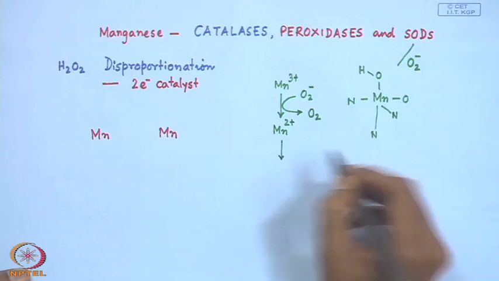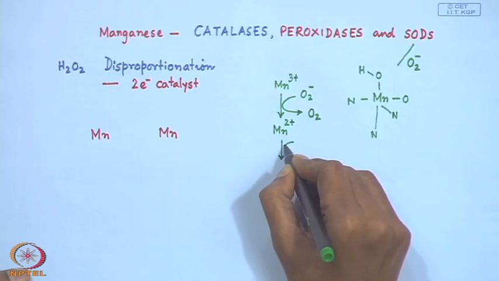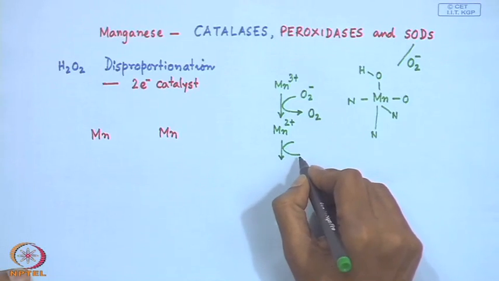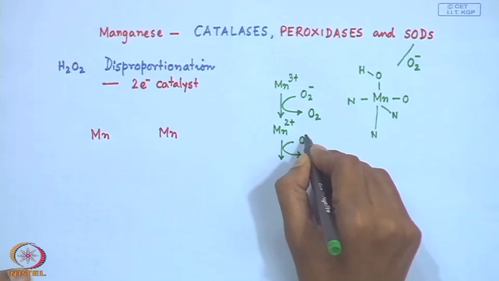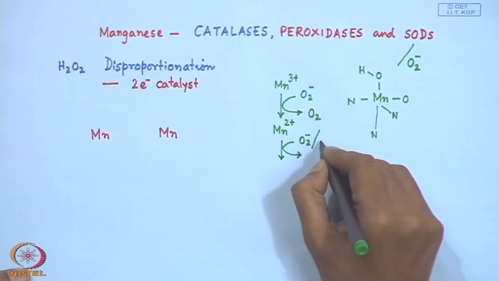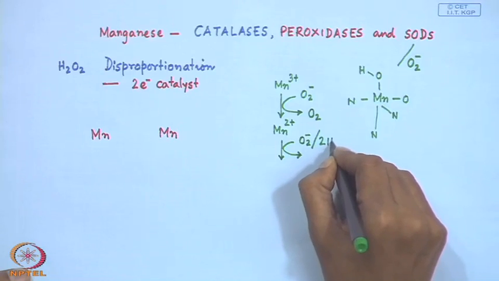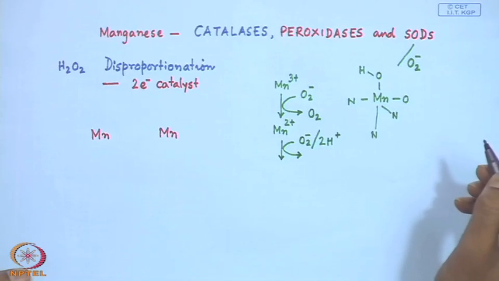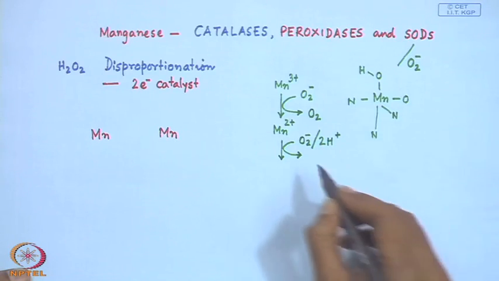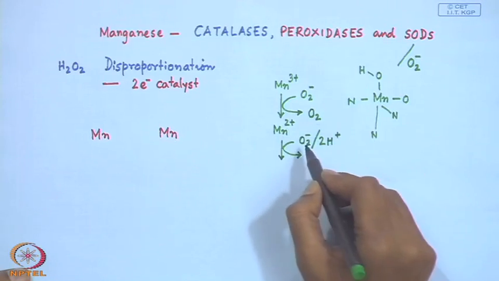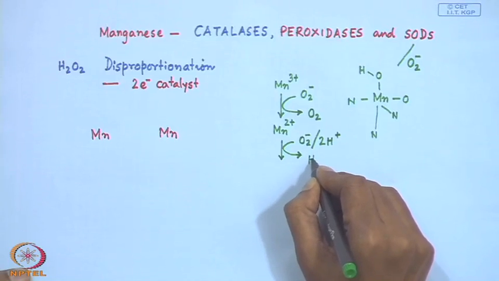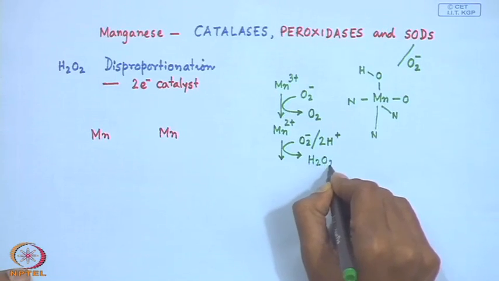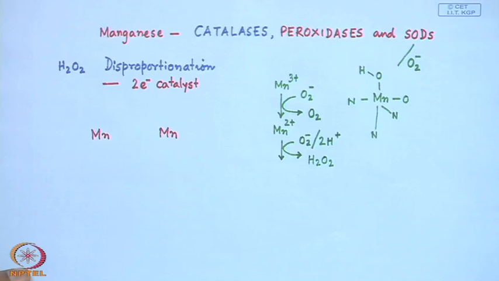Then in the second stage we have the reaction of O2 minus, but now 2 protons will also react, and reaction of these 2 protons with manganese 2 plus in the presence of the superoxide will generate hydrogen peroxide.